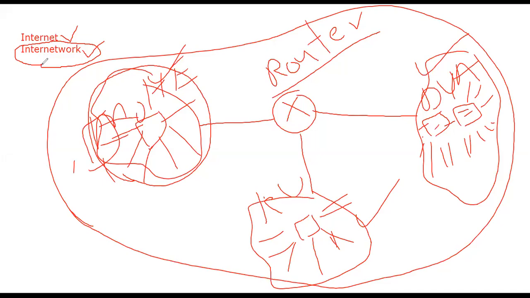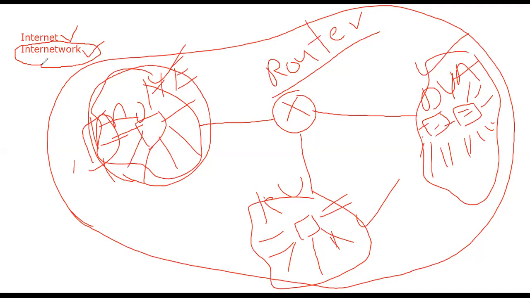But we cannot call it the internet, because when we say internet, we think of a very large internetwork that covers the entire world. That's a global network. So the internet is a connection of thousands of networks covering the entire world.